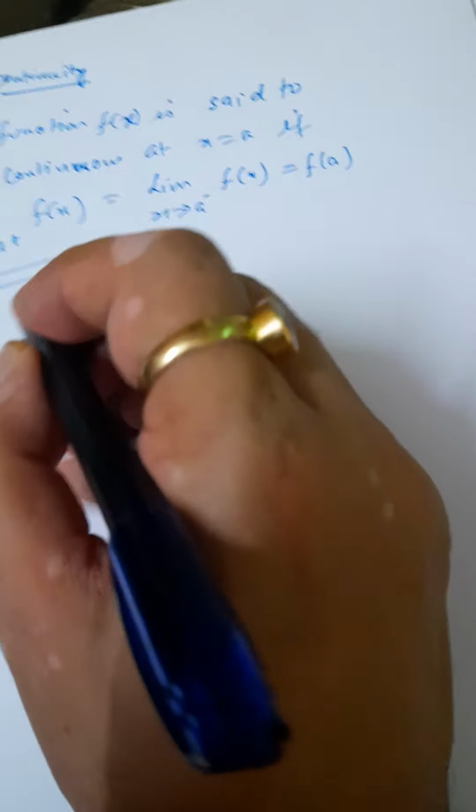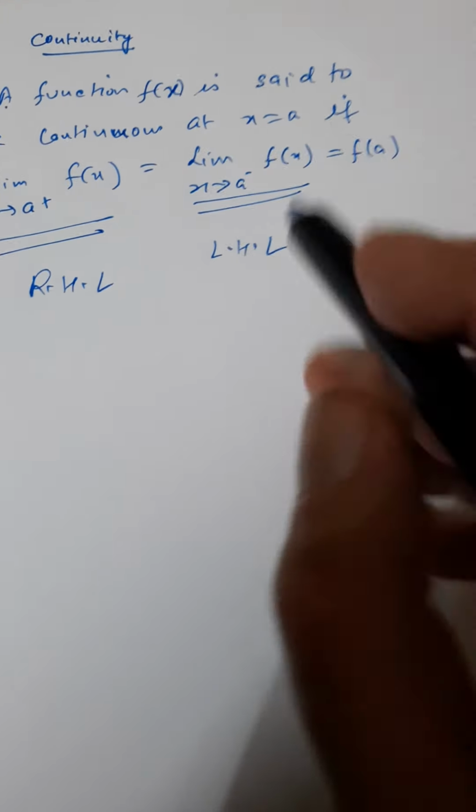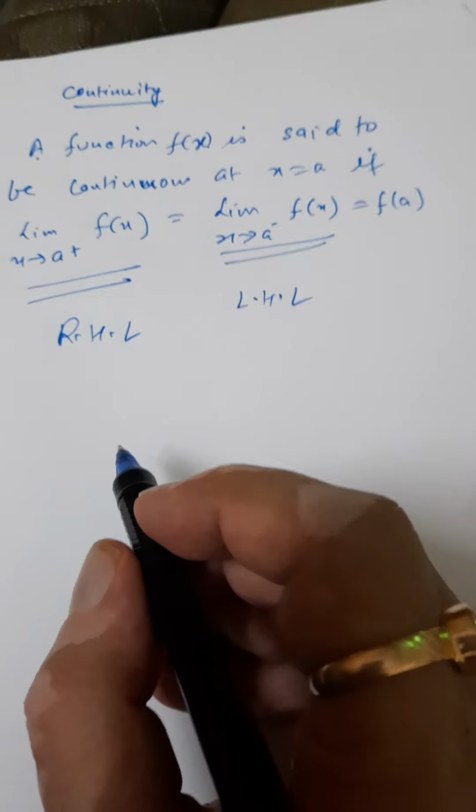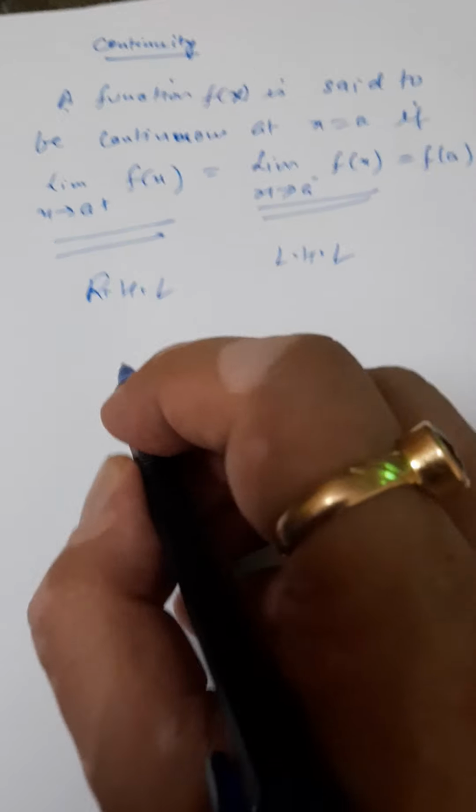Now this is the right hand limit and this is the left hand limit, as you have done in class 11th. If they are equal at point a, the function is continuous at x equals a. Before going to the practical details, let us take up some actual examples.